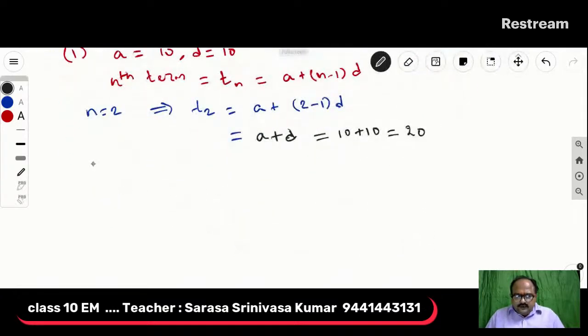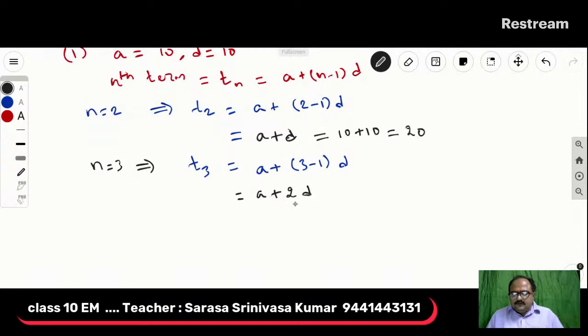Now we write n equal to 3 implies T3, third term, equals A plus 3 minus 1 multiplied by D, which is A plus 2D.